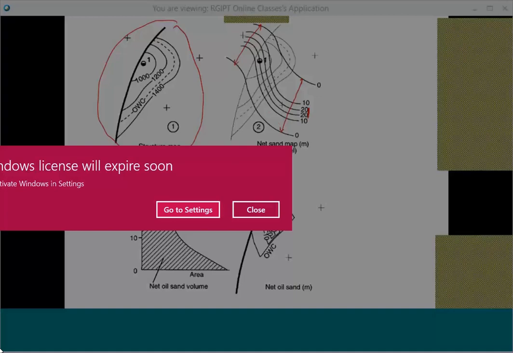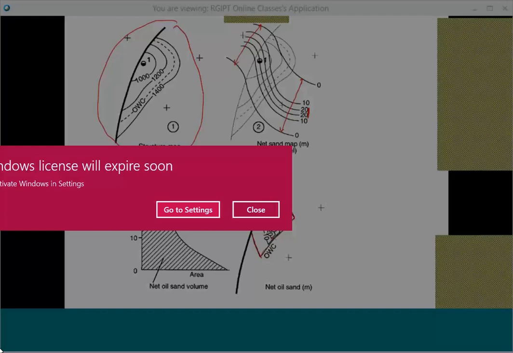If you take the intersection of this structure map as well as this sand map, what you are getting is this number 3, where you have OWC as the boundary here, and then this is the edge of your channel, and you have 20 feet thick sand at the center.